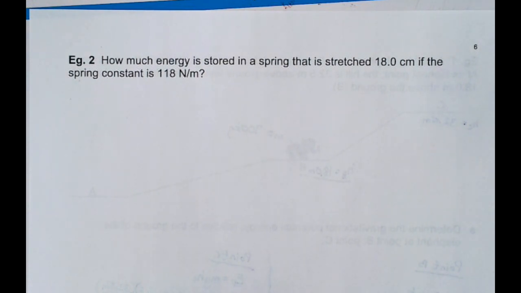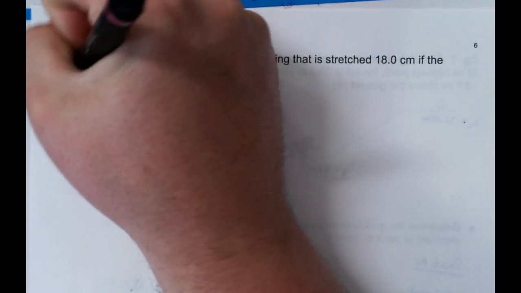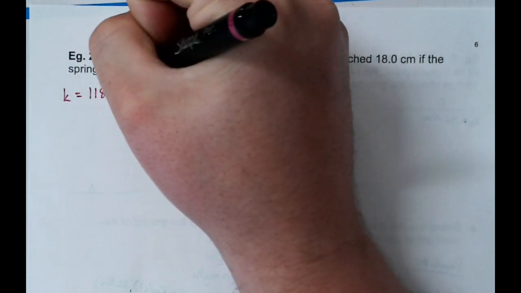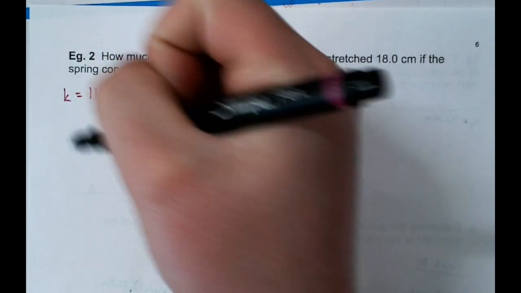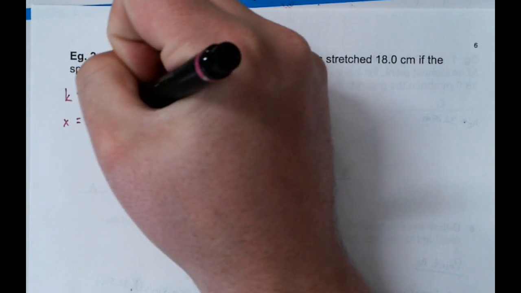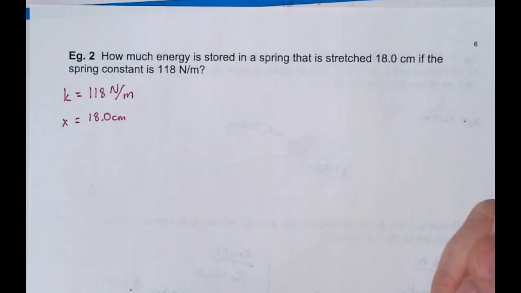So in this question, what we know is that the spring constant is equal to 118 newtons per meter. Its displacement, or the strain, was stretched 18 centimeters, which we're going to want in meters.